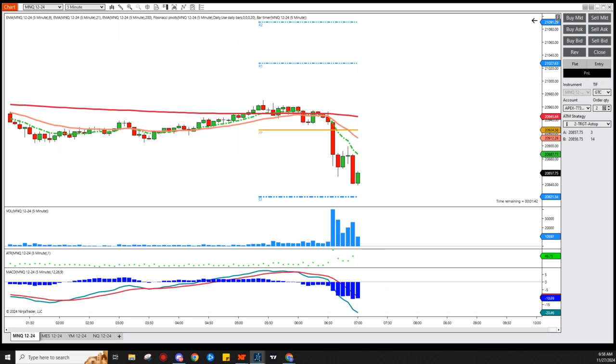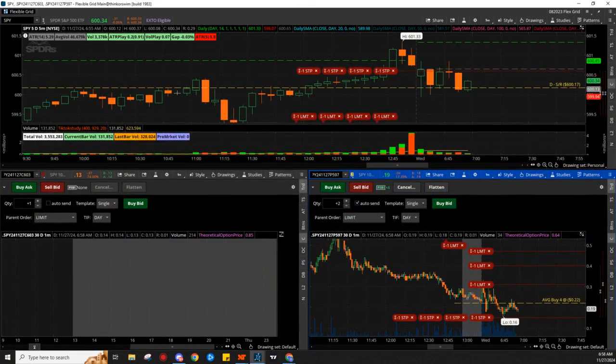It's only got 2 minutes left, so here we go. What does the open interest look like on this?